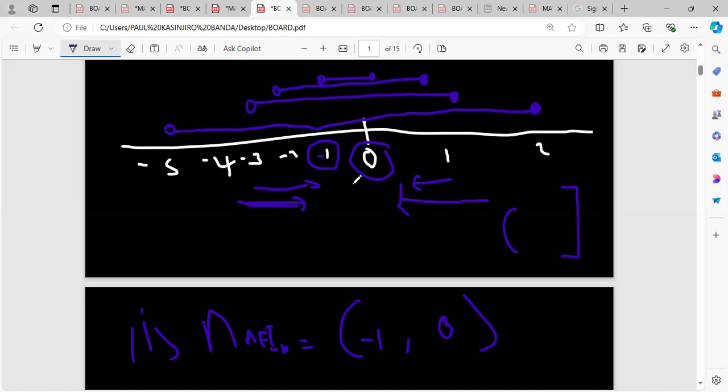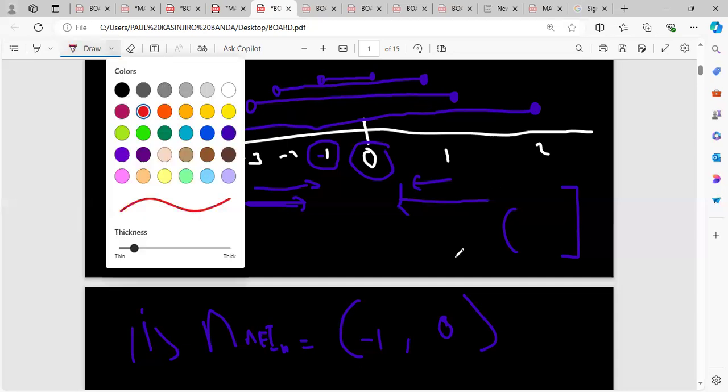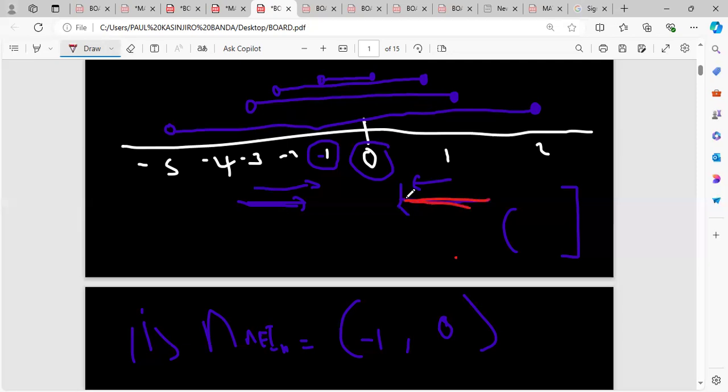But according to what we are seeing on the number line, when we are coming from the right here, we'll be getting closer and closer to 0, but we'll never reach 0 as well, right? Are you understanding it? Yes. So we'll just be getting closer and closer to 0, but we'll never reach the 0, right? So it means the intersection will just be between these two numbers here, but they will never reach -1. They will never reach 0.